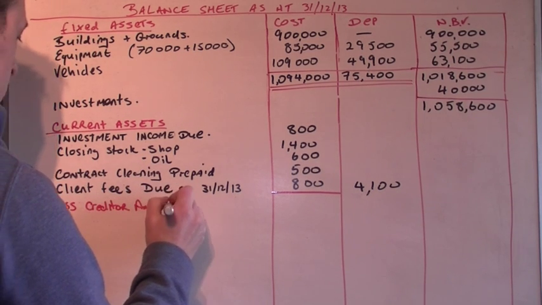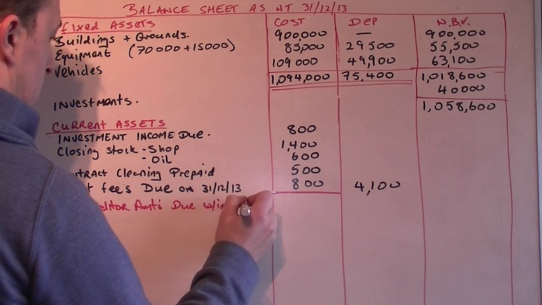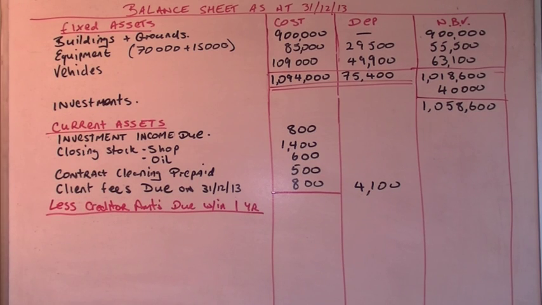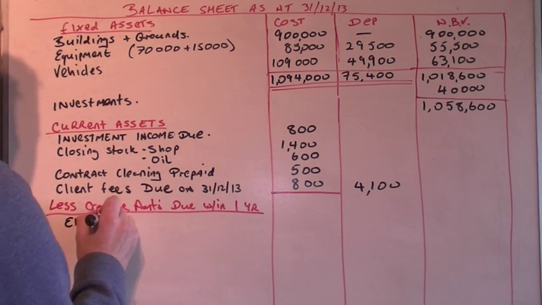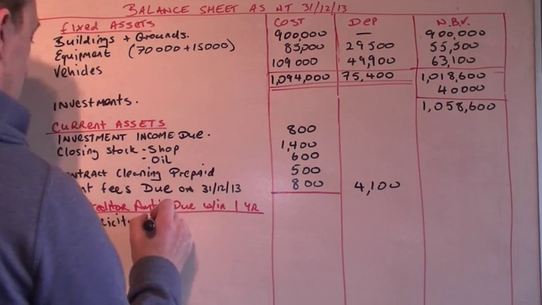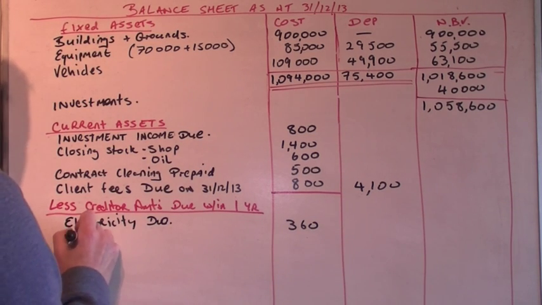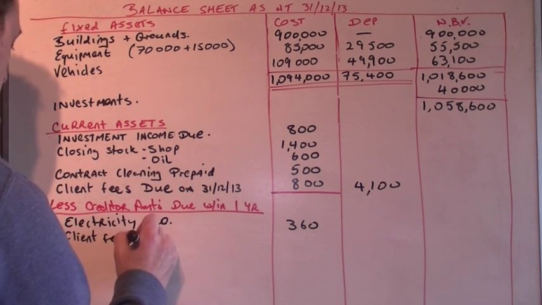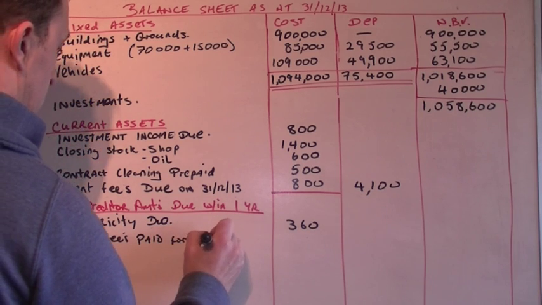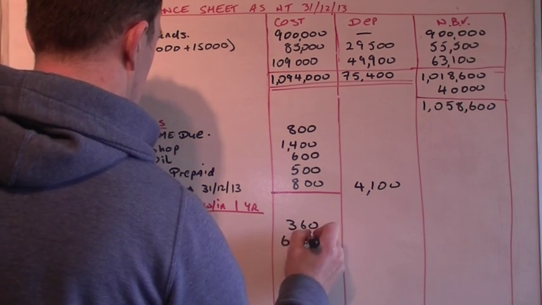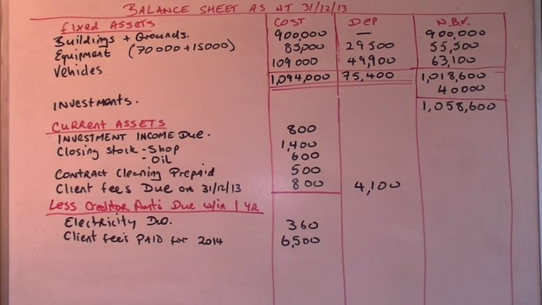We move on to our liabilities now, or our creditor amounts falling due within 1 year. And they're made up of the following. Electricity due is €360. Client's advance deposits, or prepaid for next year, is 6,500. And we now owe them a service, so it goes in as a liability.